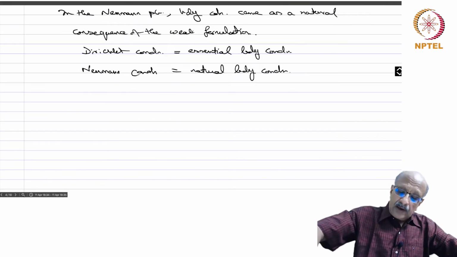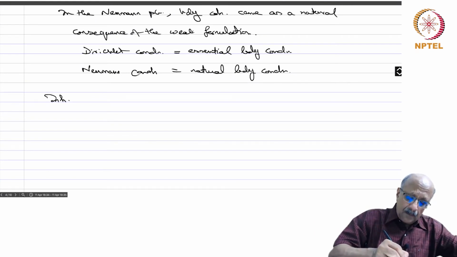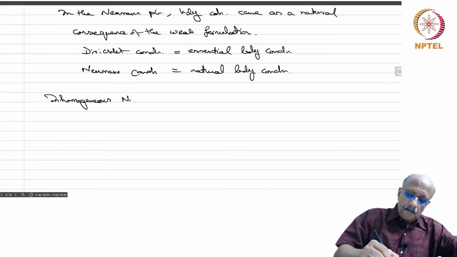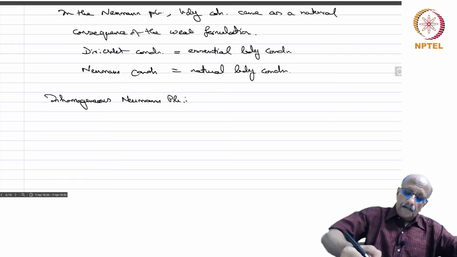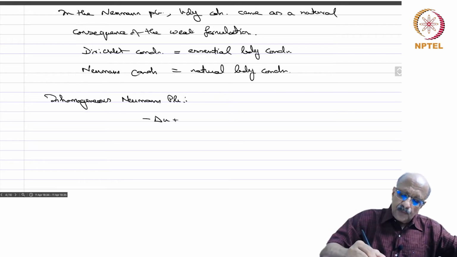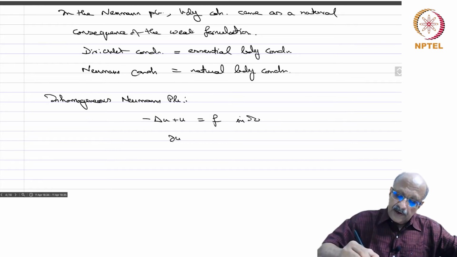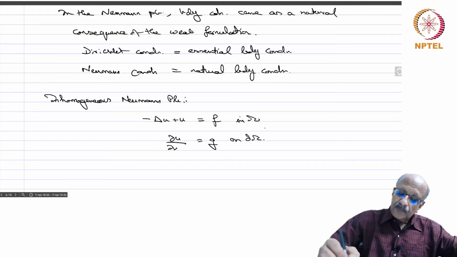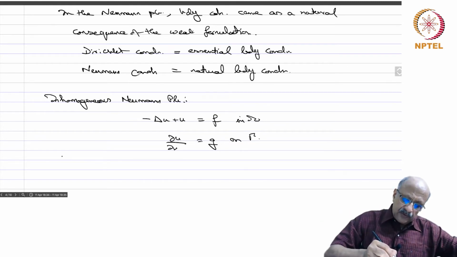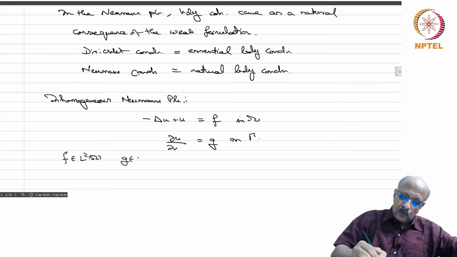So now let us look at the inhomogeneous problem. Minus Laplacian u plus u equals f in omega, and du by d nu equals g on the boundary gamma. Okay, so now we assume that f is in L2 of omega and g is in L2 of gamma.